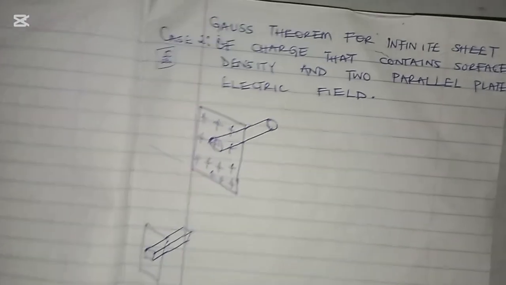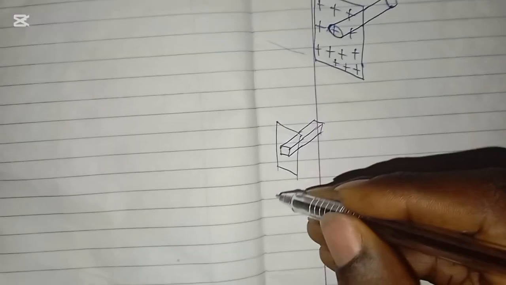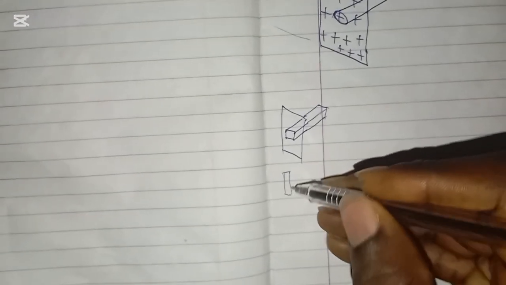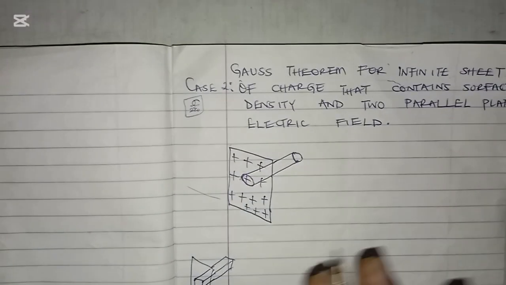Remember, everything we do here always has a Gaussian surface. That's why I told you when we started that if we have an infinite line of charges, I'll come and put something like a cylinder here. This is our Gaussian surface. So whenever you're thinking of it, you have that in mind.